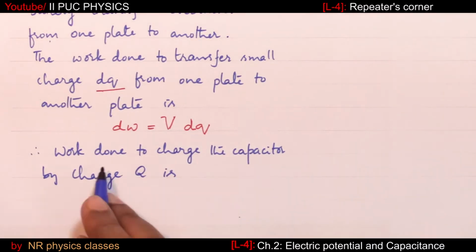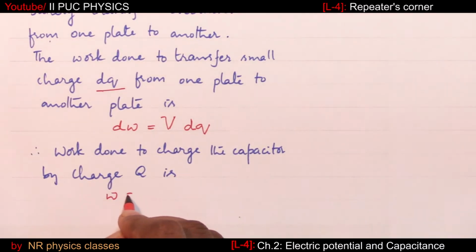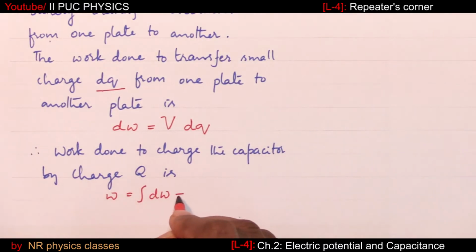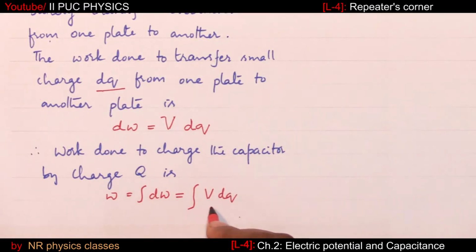Work done to charge the capacitor by charge q is total work done, equal to integration of work done, equal to integration of V into dq.